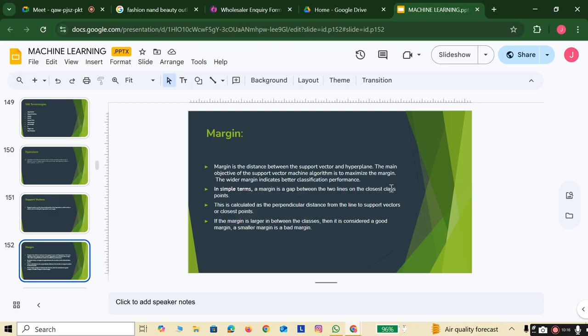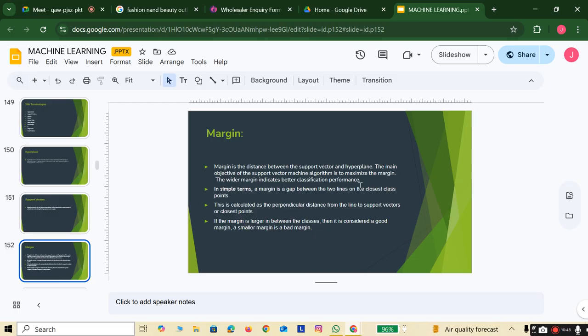Imagine if the data points are so close to each other and the margin is too small, we are susceptible to getting a data point of a different class in this current class, and that's not something we want. We always want each and every data point during classification to be in its exact class.